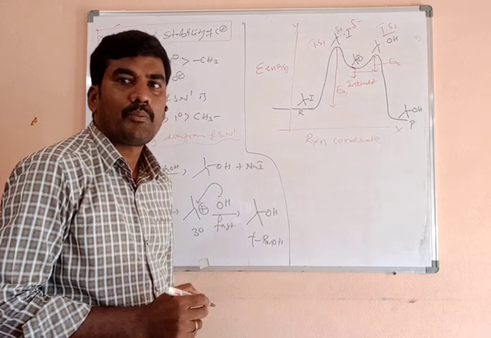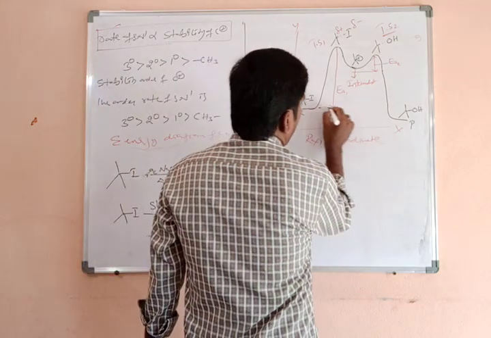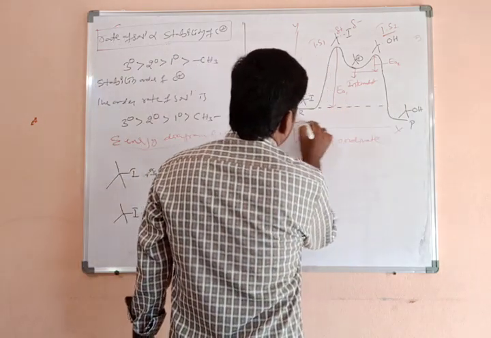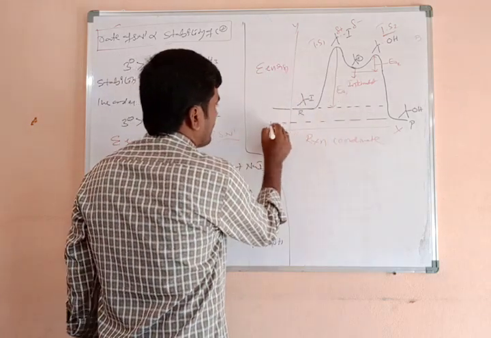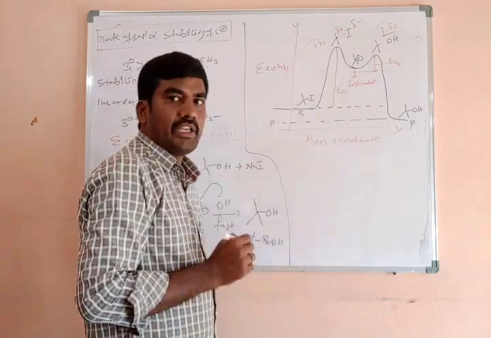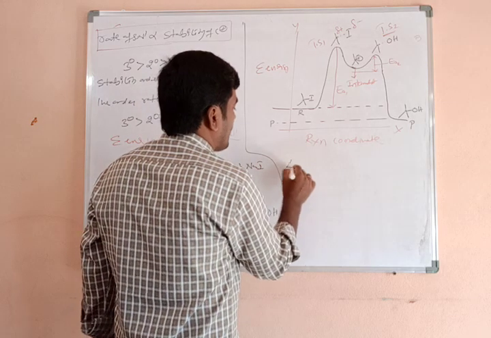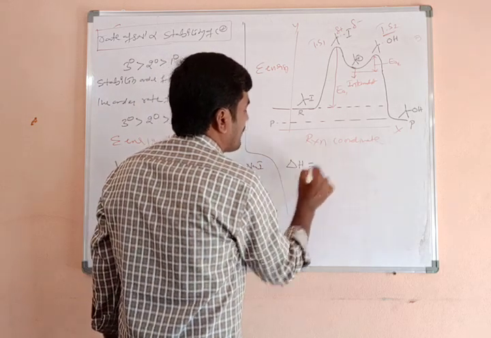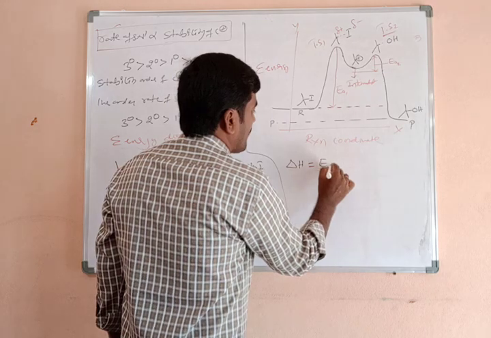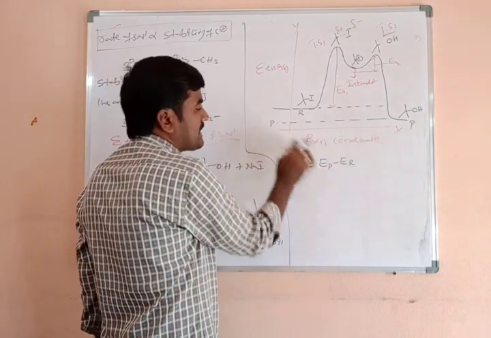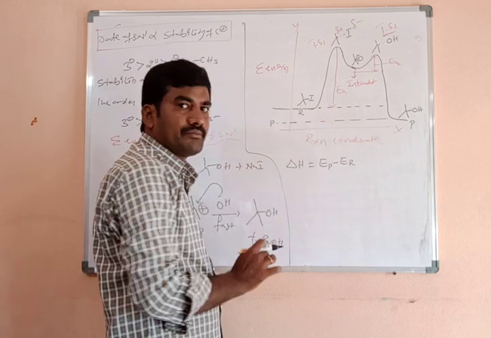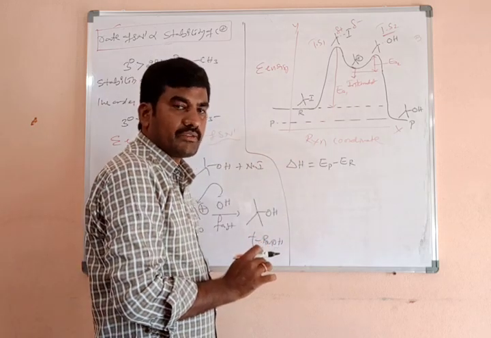Now the energy gap between reactant and product. This is the energy of the reactant, this is the energy of the product. Now delta H, the change in enthalpy, equals the energy of the product minus the energy of the reactant. The energy of the product is lower than the energy of the reactant. Clear? Understand?